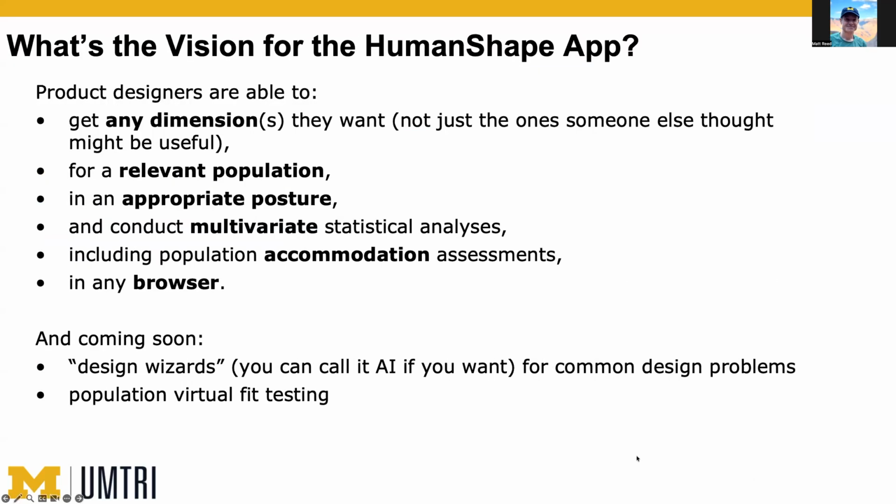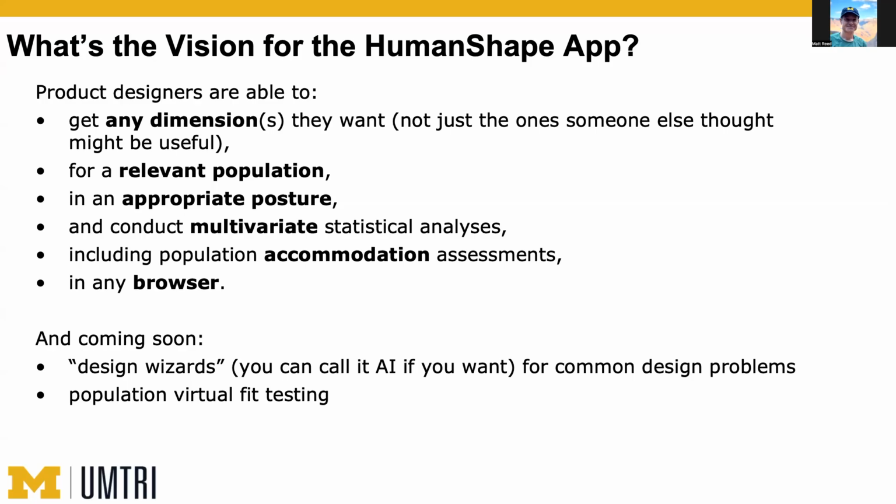So, what's the app about? Well, some years back, we launched HumanShape.org, which is a website that allows people to manipulate statistical shape models. And we found that while that was useful, it didn't give designers what they really needed, which was the ability to actually measure the population, to take a particular human dimension, extract it from a population, compute statistics, and so on.